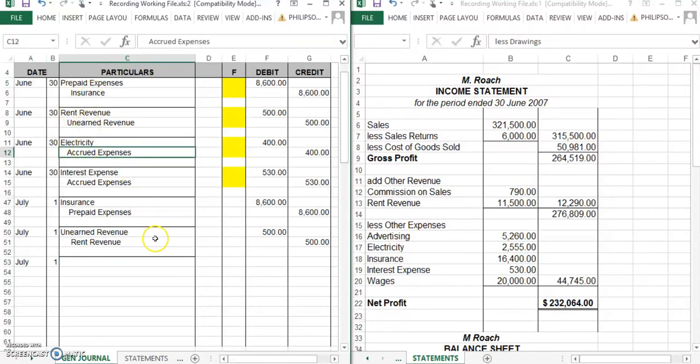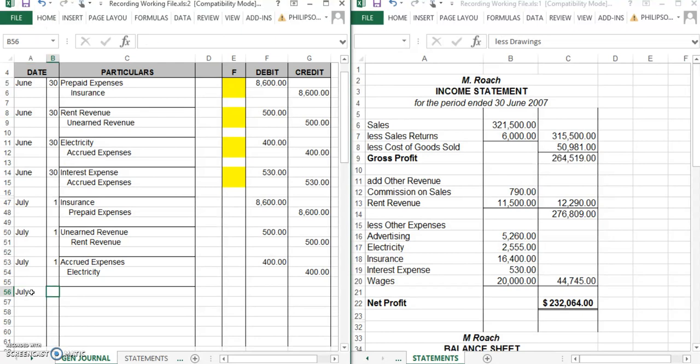Now we want accrued expenses debit for $400, electricity. And now this interest expense entry.